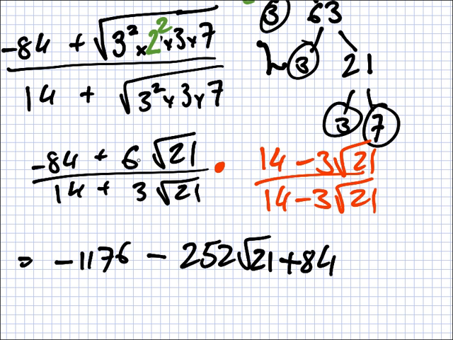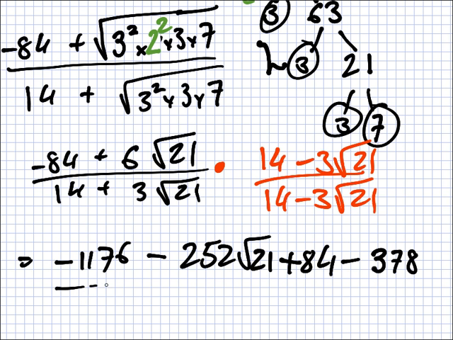And then the last one is minus 18 times 21. What's that? Ah, no, the root 21's gone, because it's root 21 times root 21. What is it? 378.